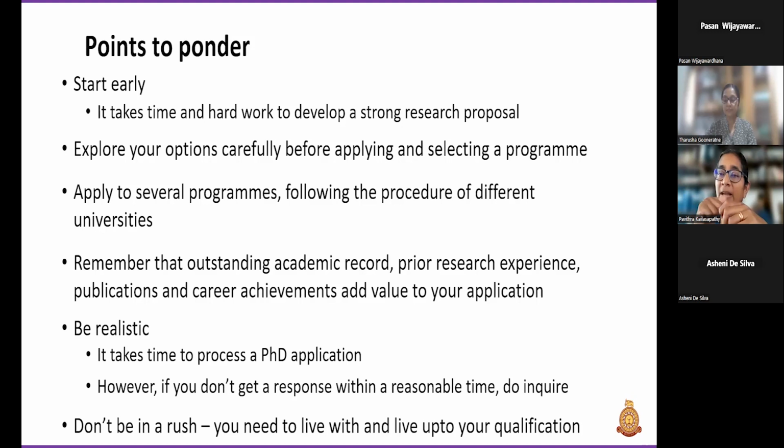Then at the department level, they will evaluate and say, okay, these are the strong people we want, so give them scholarships and get them to our program. Then all the departments in the faculty will nominate at the faculty level, and then they will rank order based on merit.